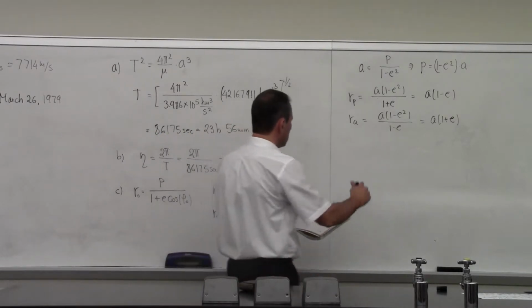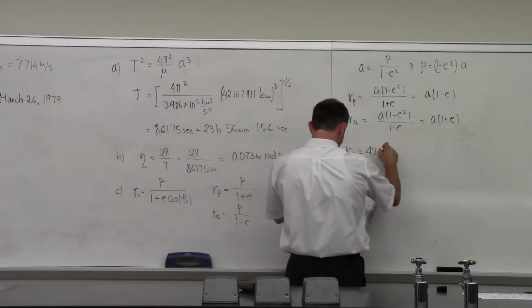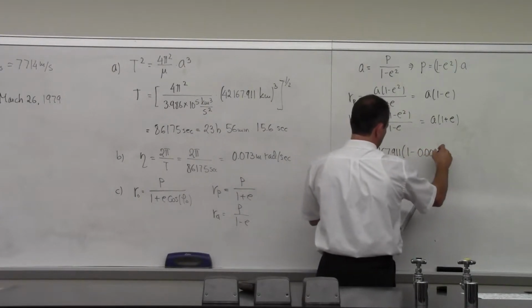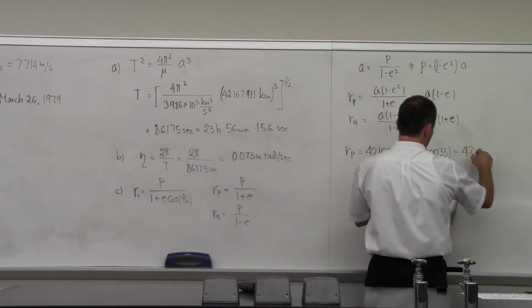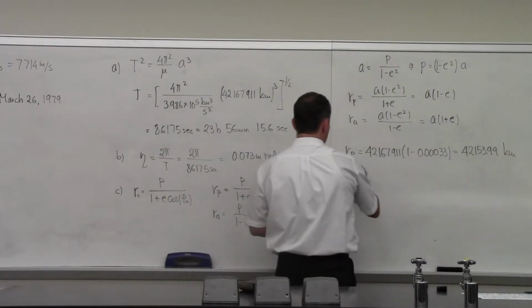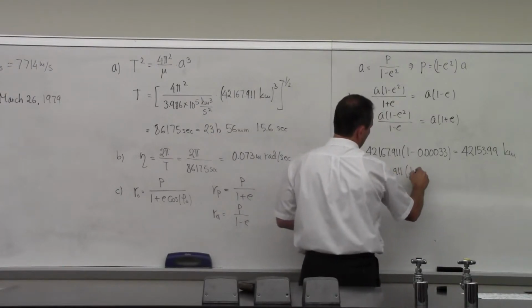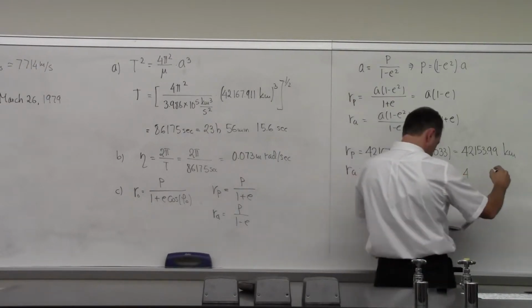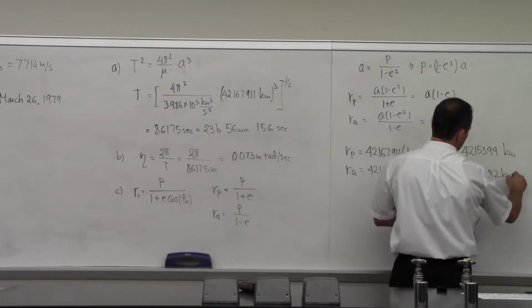Now, using the actual data here, you see that Rp would be 42,167.911 times 1 minus 0.00033, which is equal to 42,153.99 kilometers, and then our apogee is 42,167.911 times 1 plus 0.00033, and this is 42,181.82 kilometers.